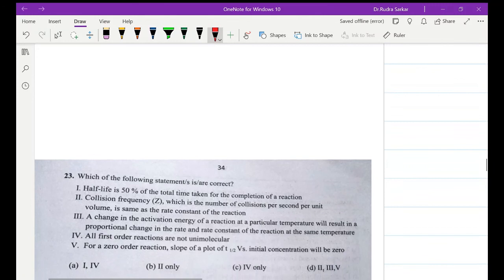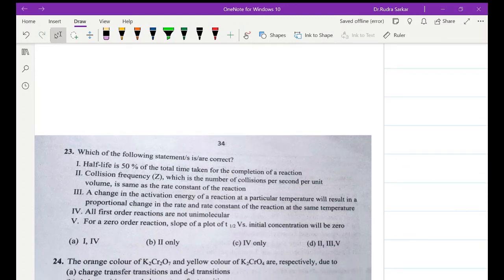Out here it is given which of the following statements are correct. Half-life is 50% of the total time taken for completion of a reaction. This is a true statement.